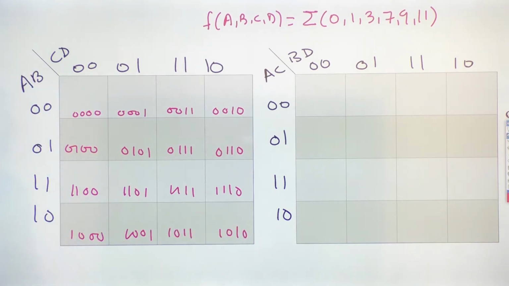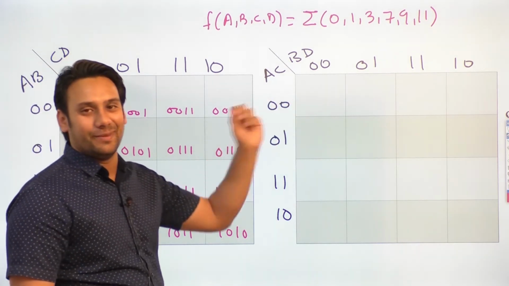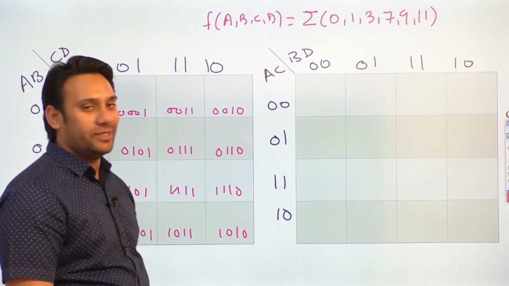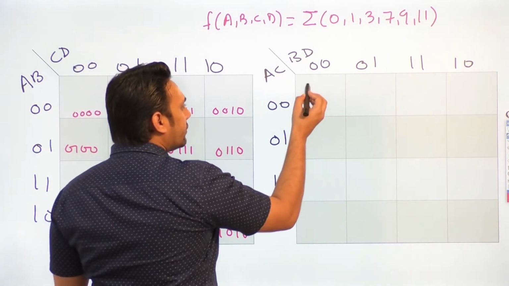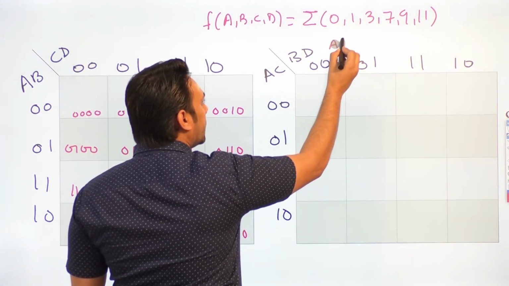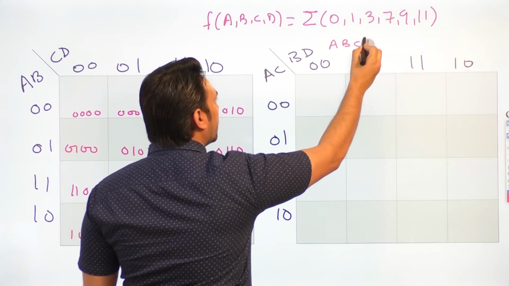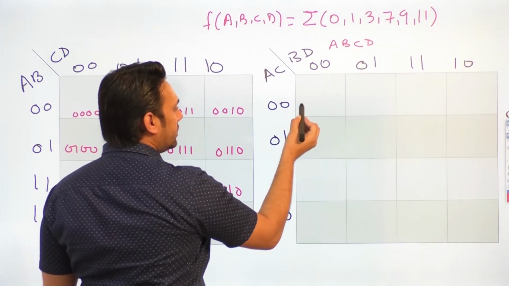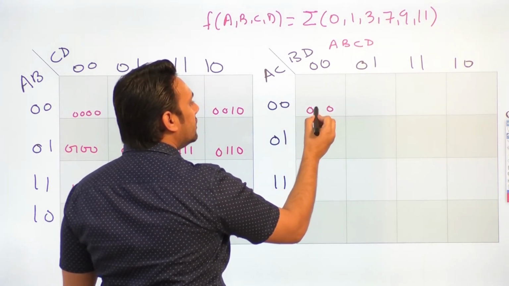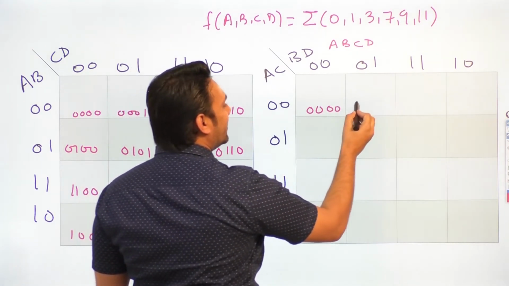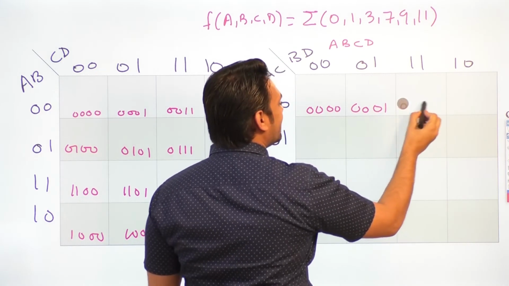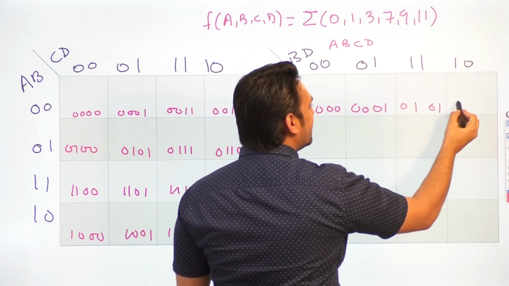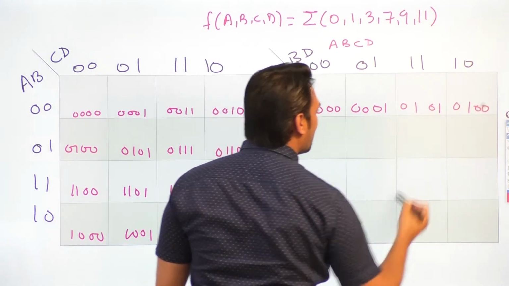Okay, and in the second one, writing here will be a little tricky, because I have to write in this manner: first A, then B, then C, and then D. So here this value will be 0 0 0 0. Okay, so 0 0 0 1. Okay, 0 0 1 1, 0 0 1 0.